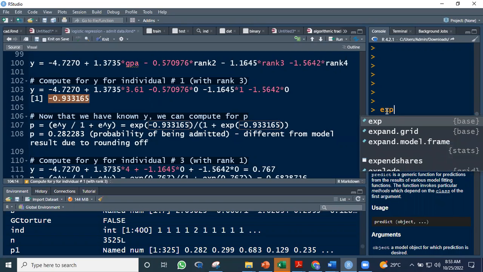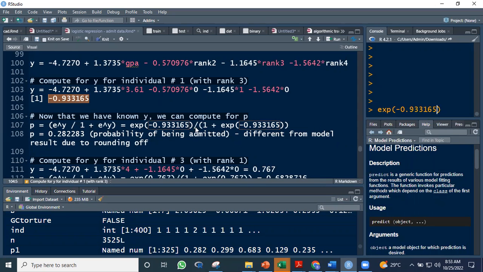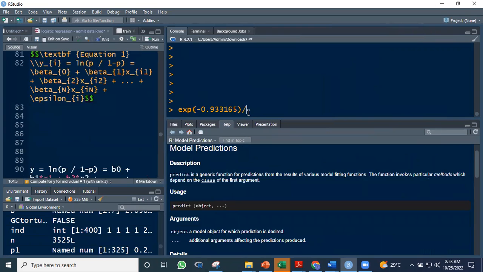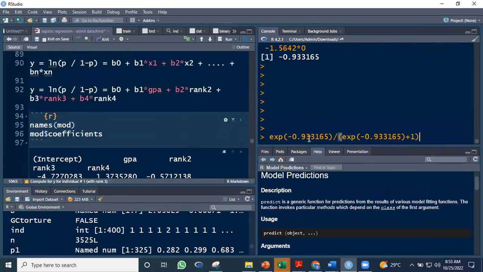Exponential ni, Control C, Control V, and divided by, copy this, Control C, Control V, and then put natin sa parentheses, plus 1. Okay. Sige nga guys, check nga kung what this will give us.